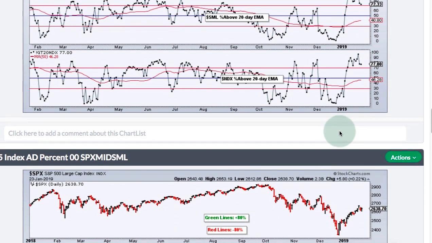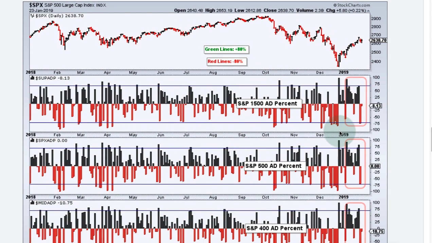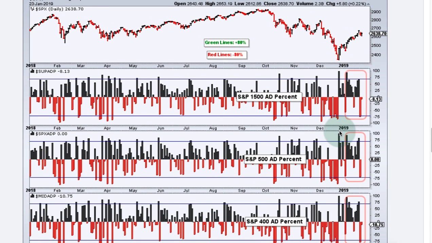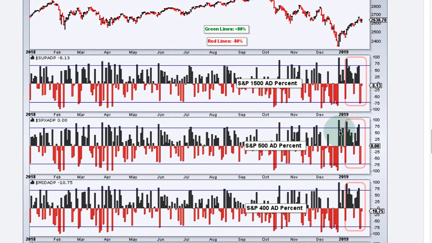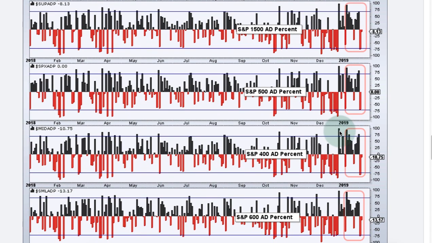Now, I've noted some bearish reversal patterns in Don't Ignore This Chart and a post yesterday. And I also want to point out that we had basically a bearish breadth thrust 2 days ago. What we want to see when we get selling pressure is mild selling pressure. If we look at the selling pressure that we had 2 days ago, which would be Tuesday, we got below minus 70% in S&P 1500 AD%.